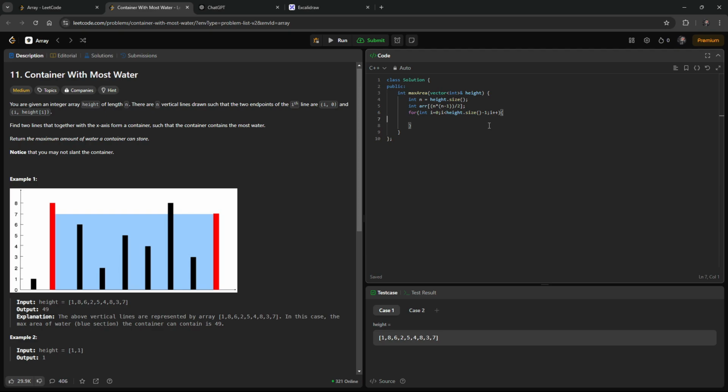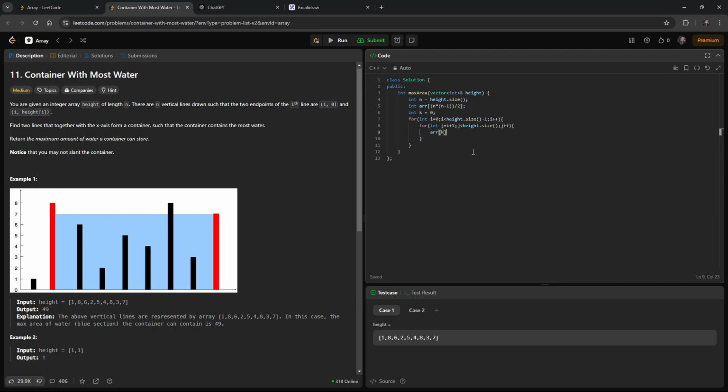Into height minus 1, call int j equals to I plus 1. J is less than, I will say height dot size, j plus plus, and I have to find the area ARR. I need a new variable named int k equals to 0.